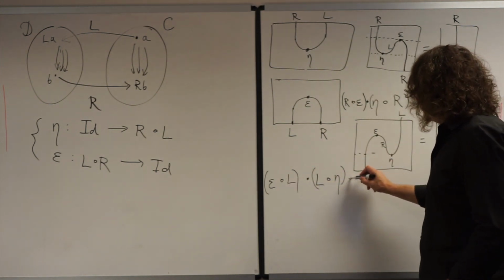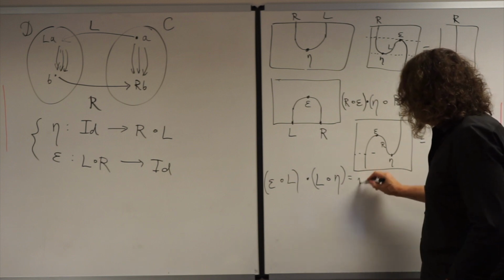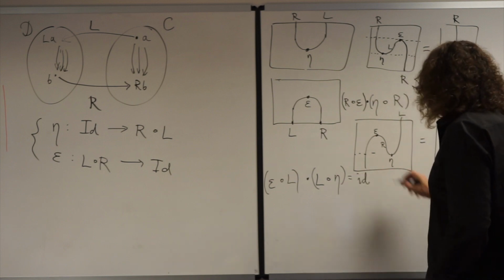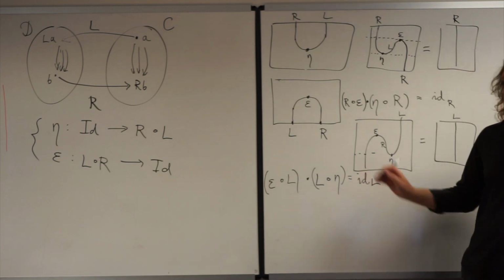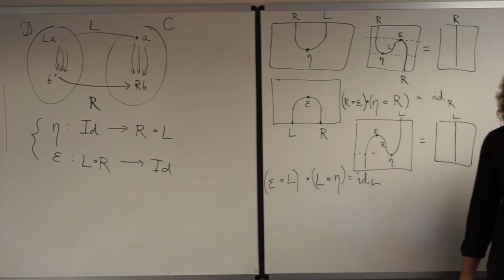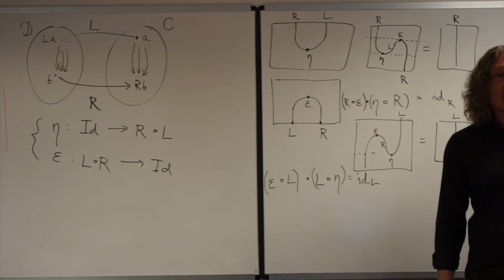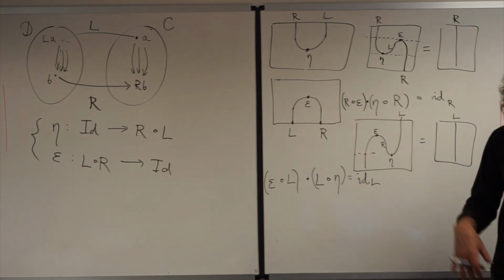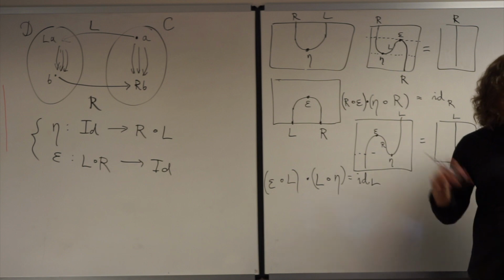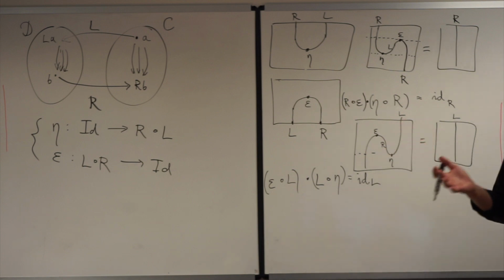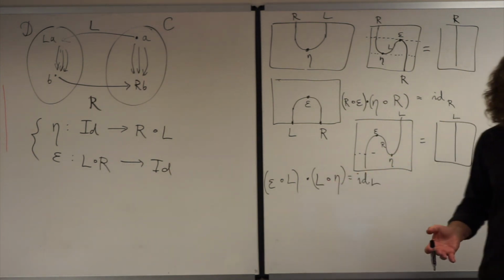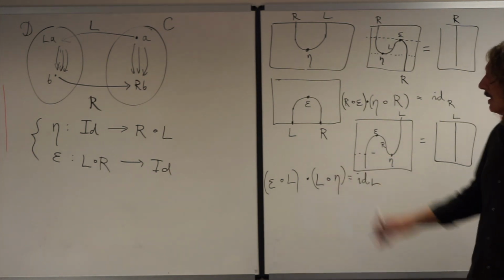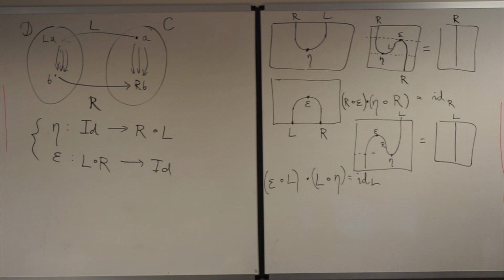And this is supposed to be equal to identity on L. And that's it. So these are the snake identities. Or when you draw them as the regular diagrams, they are actually triangles. So they are sometimes called triangular identities. So you hear somebody talking about triangular identities. That's the same thing.